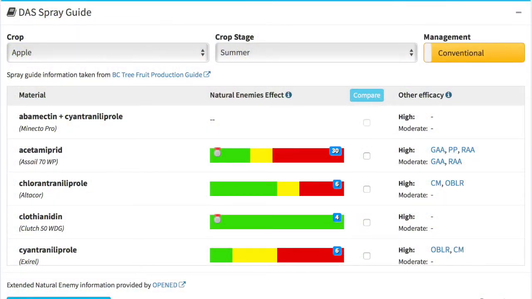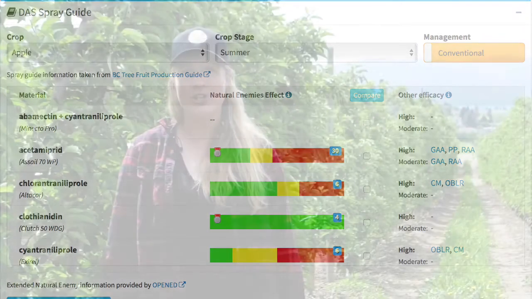These bars are representative of studies that were done against the toxicology of these products on beneficial insects present in the orchard. Growers can look at the number of assessments that have been made against the various pesticide products and use this in order to inform their product choices, giving them the best opportunity to preserve beneficials in the orchard, creating a balance of biocontrol.